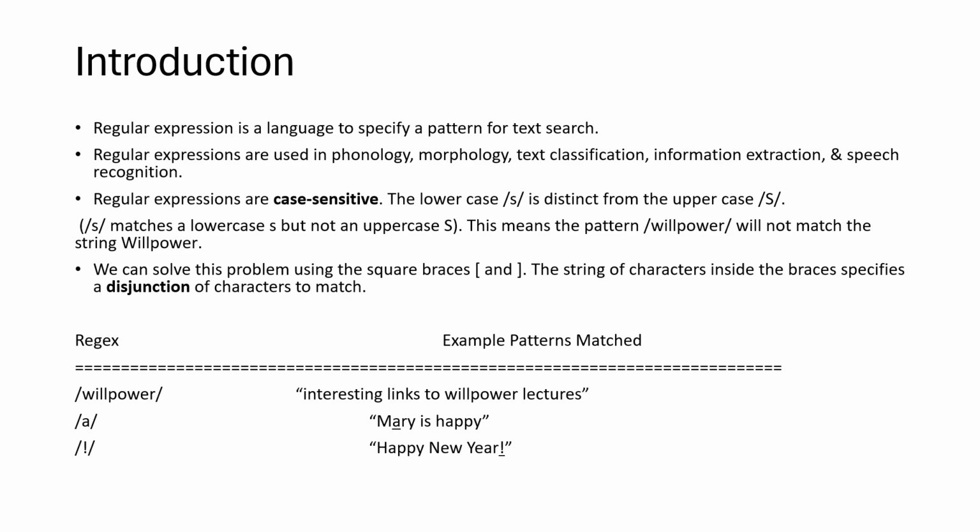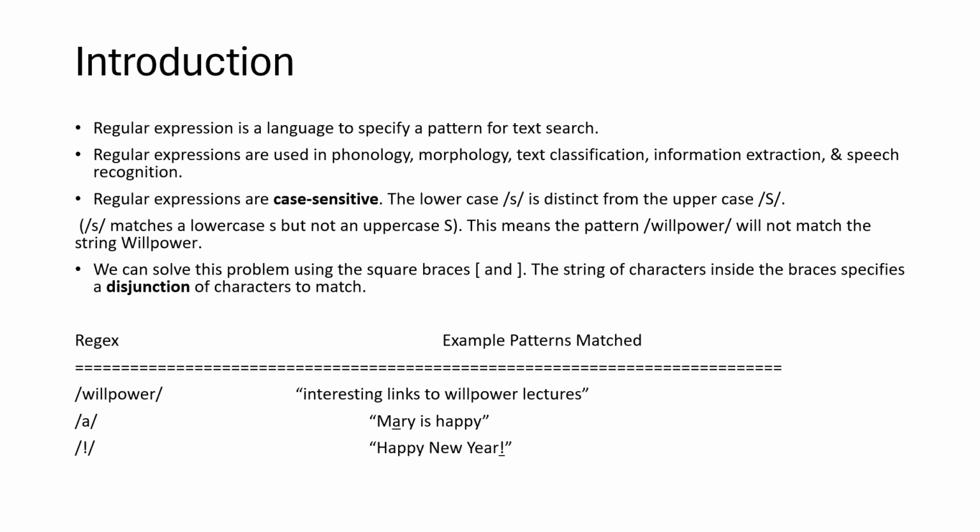We can use a string of letters or digits within the square bracket. It specifies a disjunction of characters or digits to be matched. For example, here we have the word willpower specified inside the slashes, and this will match the corresponding word willpower in this sentence.